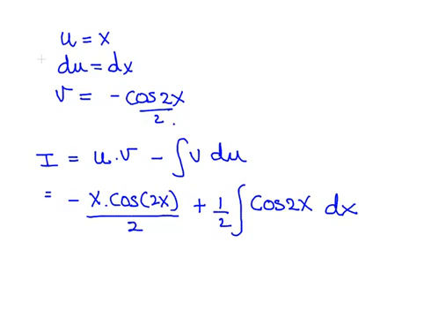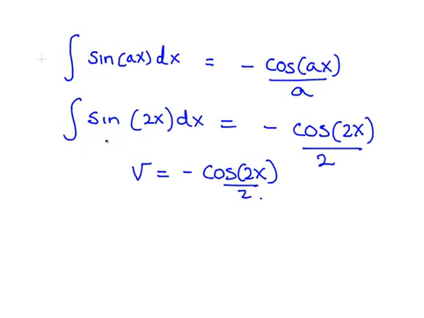Now, cos 2x, what is that? Something very similar here. I'll just rub this out and start again. The rule is the integral of cos of ax dx is equal to sine ax over a.